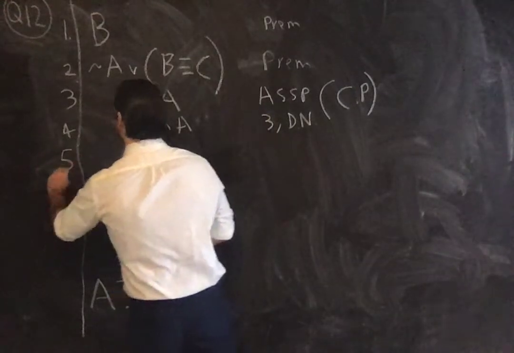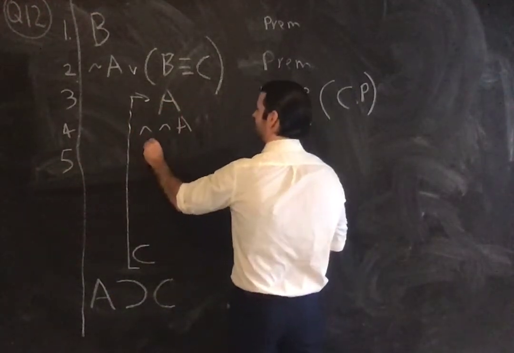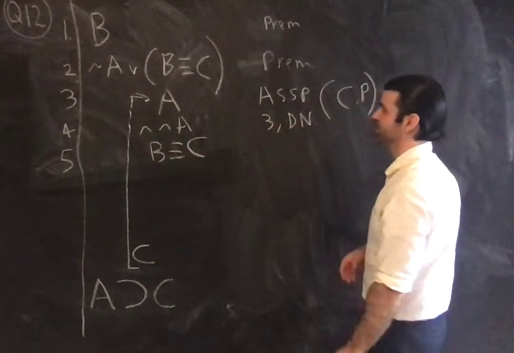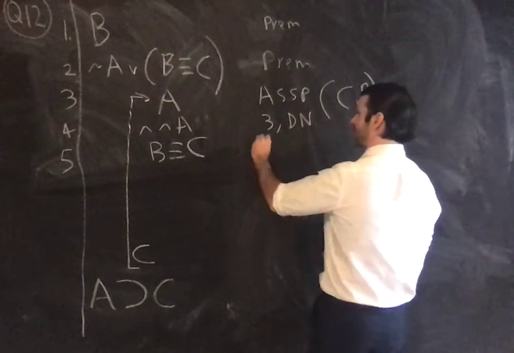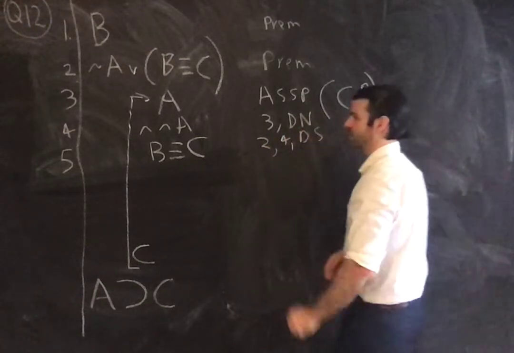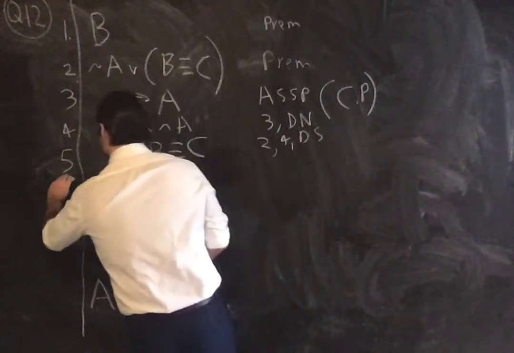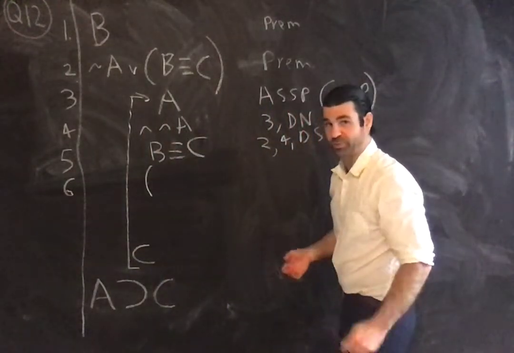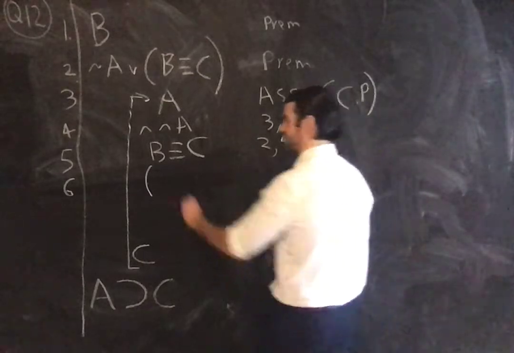So step 5, I've got the disjunct B biconditional C by itself, by 2 for disjunctive syllogism. 6. Now what do you do with biconditionals? Not much except biconditional exchange.